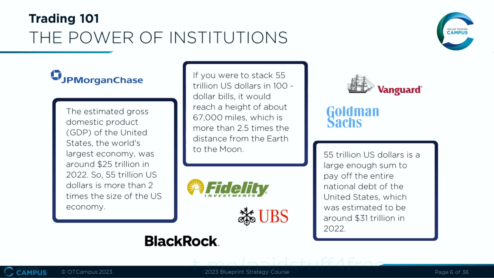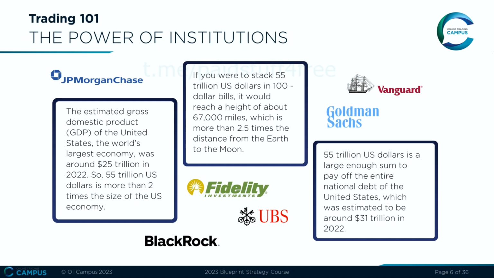Now, what does this tell us? Well, what this tells us is that if you look at any market around the world, like the gold market, crude oil, silver, natural gas, soybeans, S&P 500, Apple or Amazon, you name it, and you just ask yourself, why are these markets going up or why are they going down?